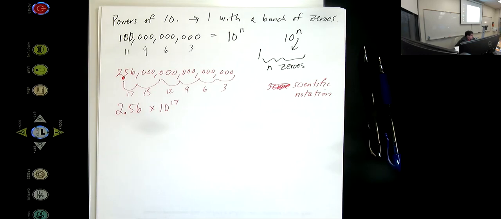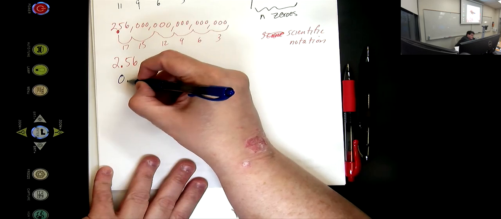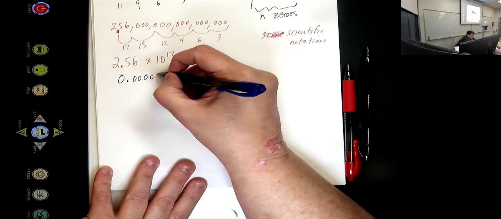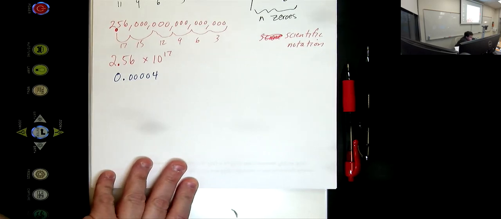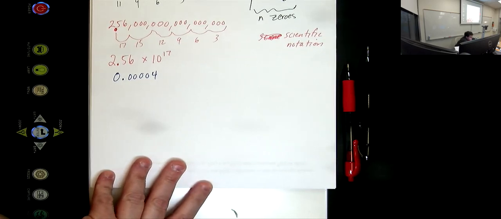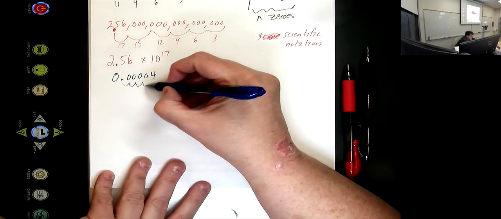When it goes the other way, if I've got 0.000, let's go 4 there. Here I got to move the decimal right 5 times.